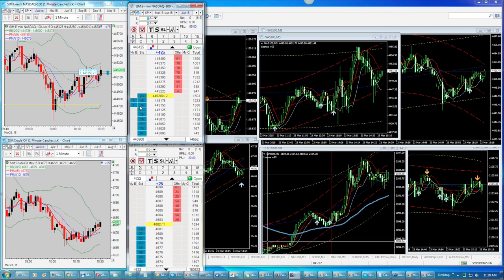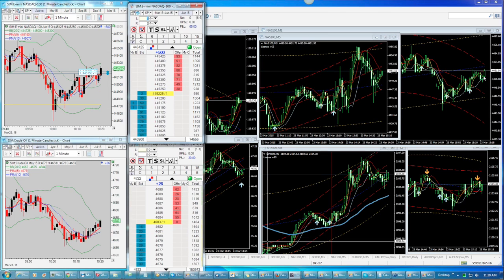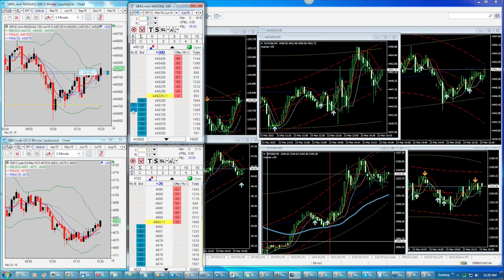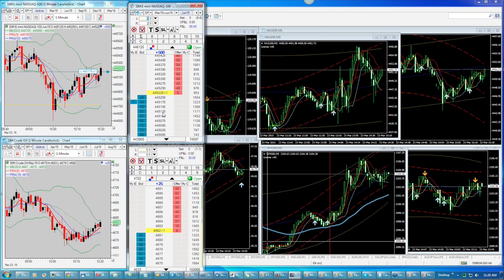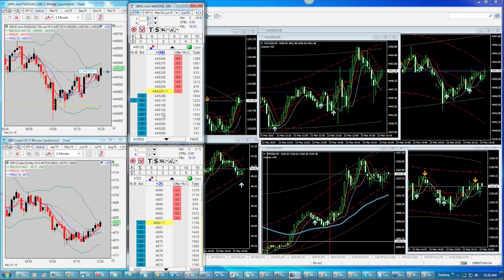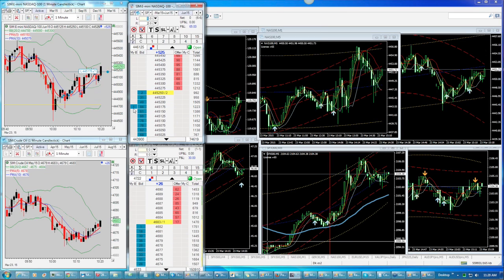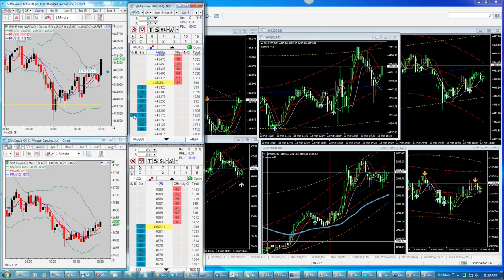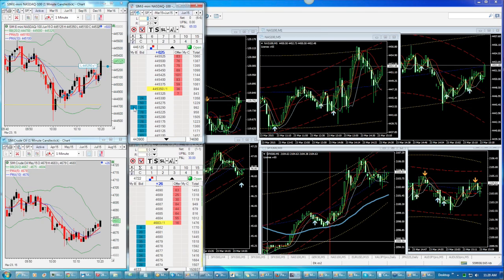Too slow. Way too slow. Sometimes it's just going to go. You got to almost just pay up for it, but maybe it'll come back to the breakout number.